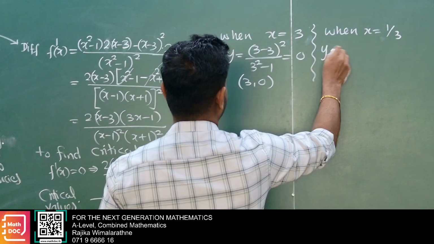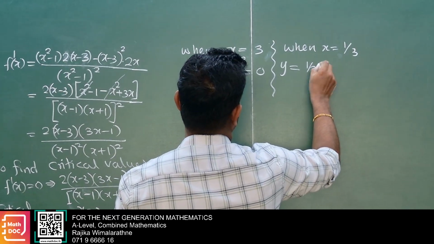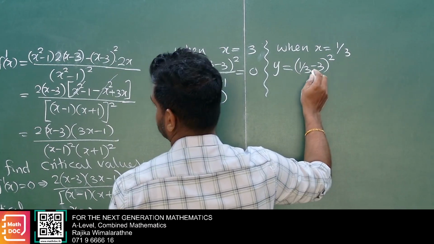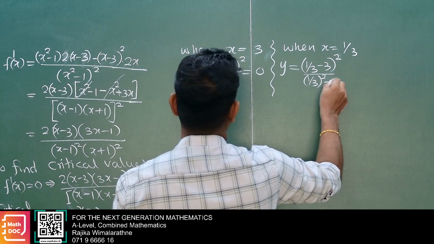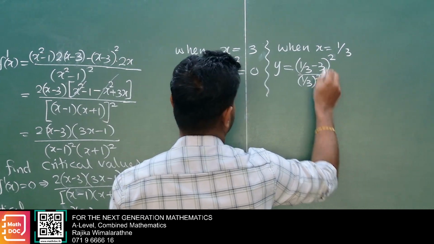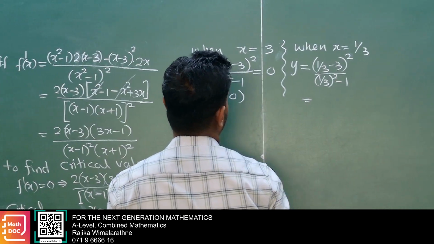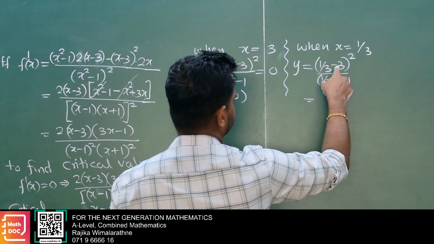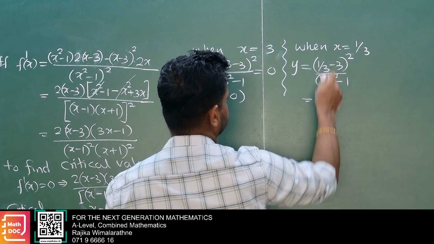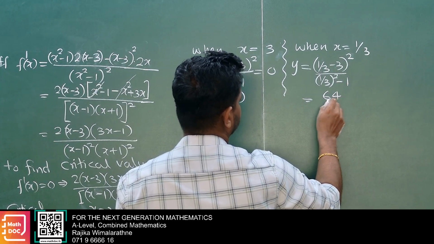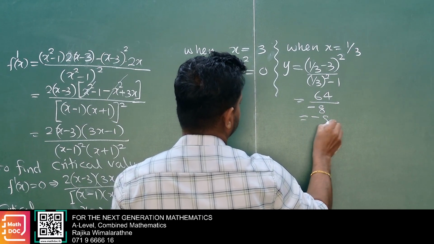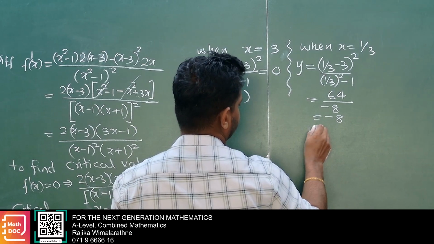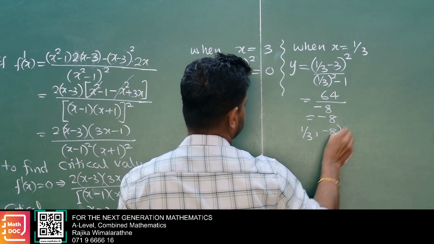Then the corresponding y value, 1/3 minus 3 squared, over 1/3 squared minus 1. Here 9, 8, 64 over 8 minus, we get minus 8. Then (1/3, minus 8) is another critical point.